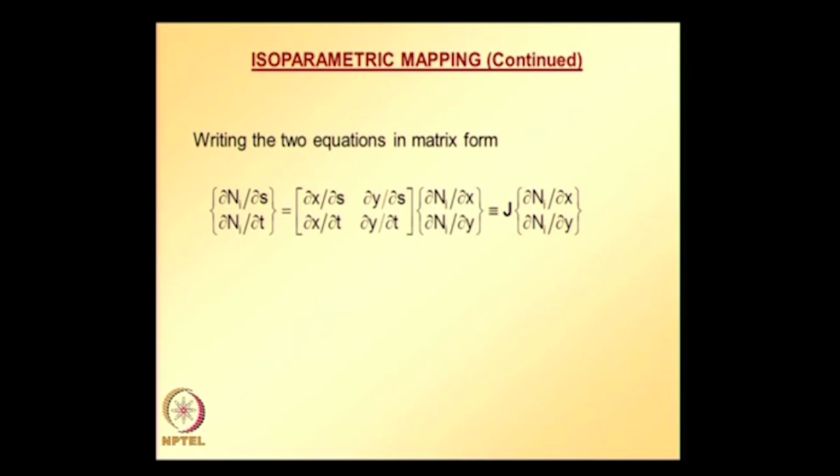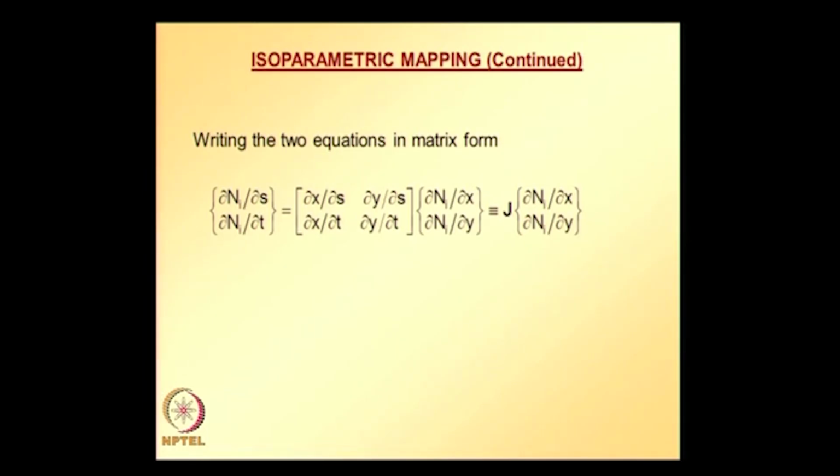we get this, where a new quantity, which you are already familiar with, is called Jacobian. You are familiar with Jacobian for one dimensional elements. Jacobian there for one dimensional elements is defined as dx over ds, if you can recall.